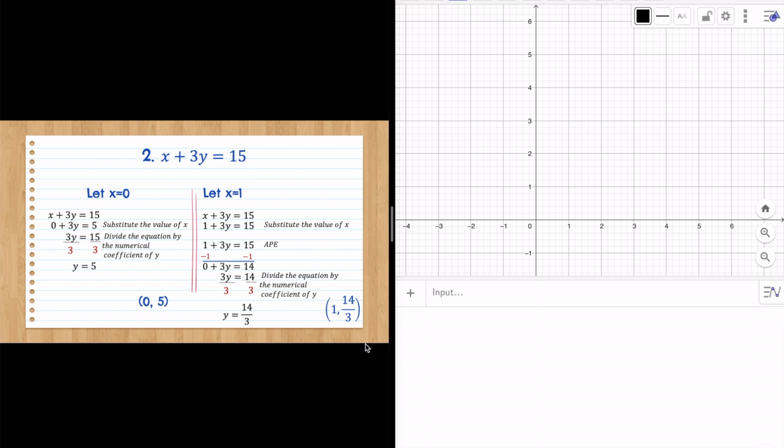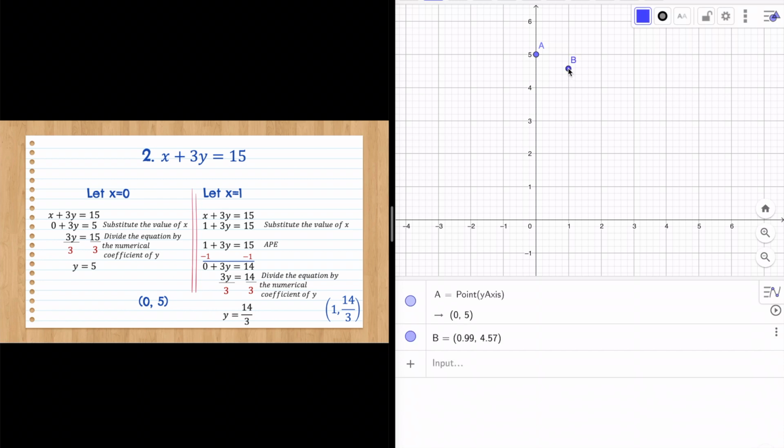So, plot these 2 points sa Cartesian plane natin. So, let's start with this one. So, yung x dito ay 0 and then yung y ay 5. So, 0 and then you have 5. So, that's it. And then, yung second ordered pair natin, you have 1, then 14 over 3.